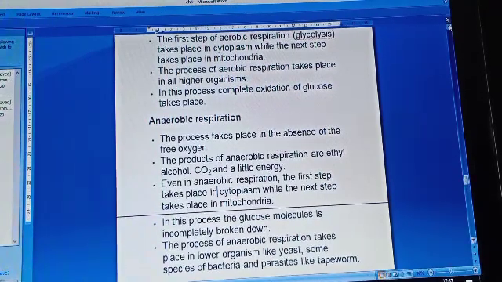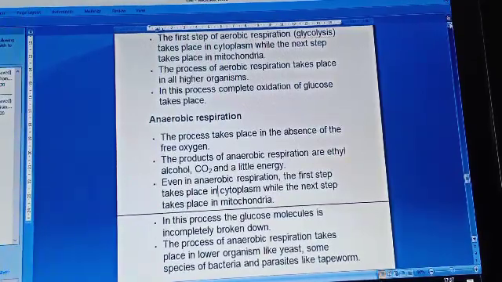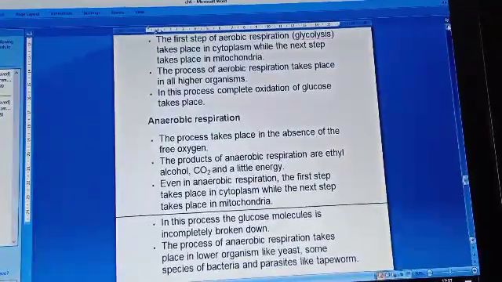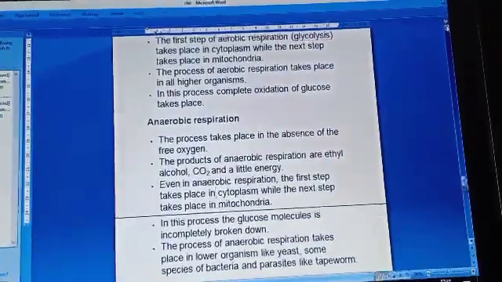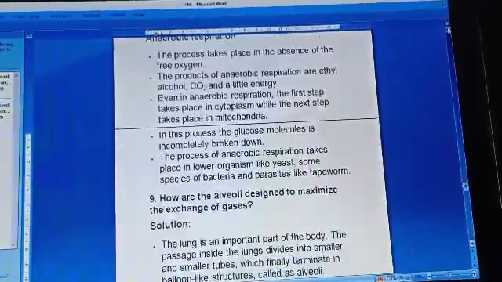Here it is already mentioned that anaerobic respiration takes place in lower organisms like yeast, some species of bacteria, parasites and the tapeworm. The amount of energy is also very less in anaerobic respiration.